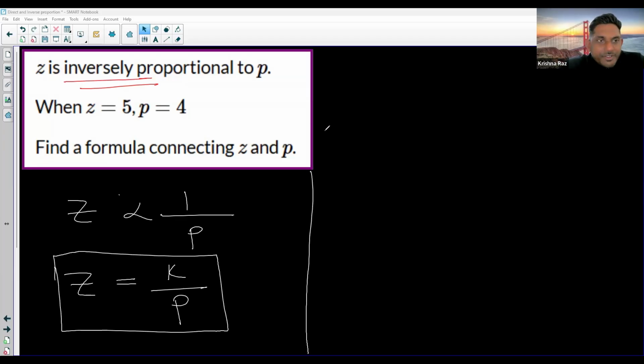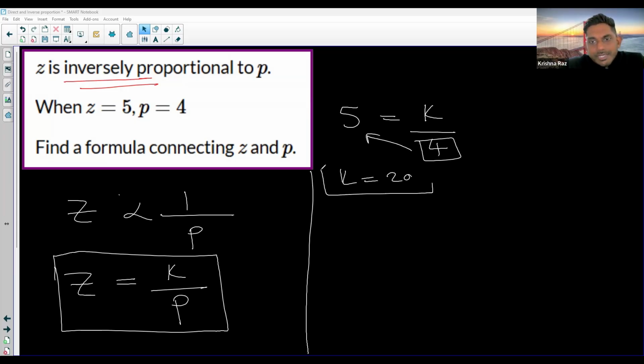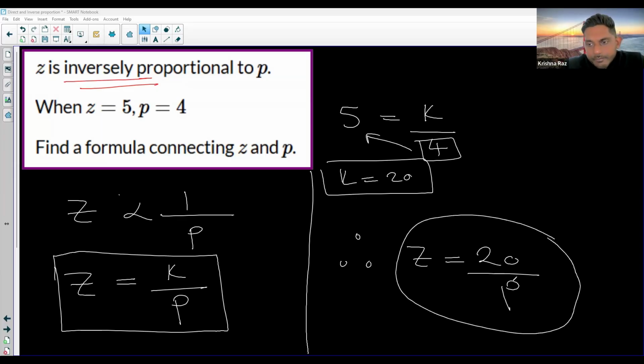Now, when Z is 5, P is 4. K must be 5 times 4, which is 20. Therefore, Z equals 20 over P. Job done. Make sense? All right, let's do our last one now.